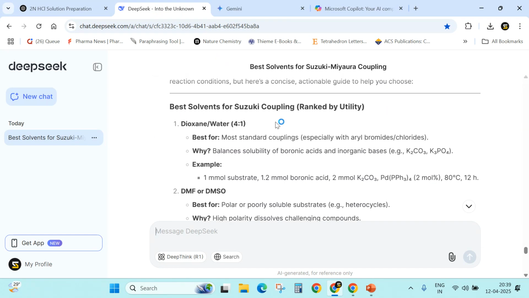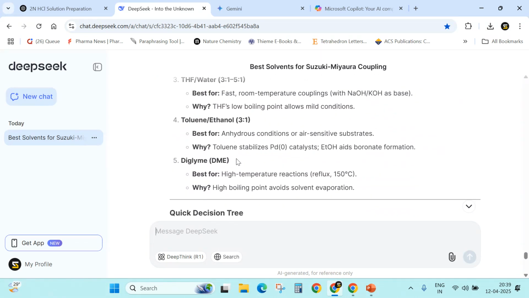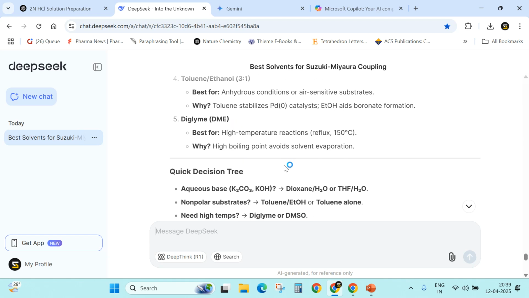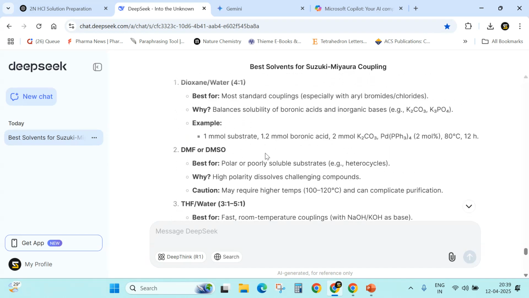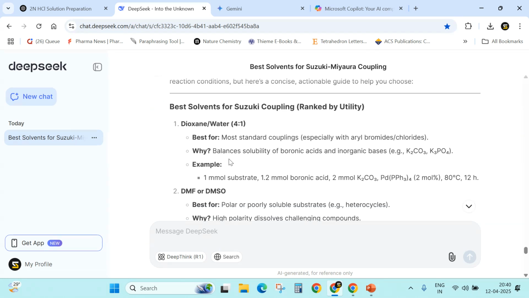In DeepSeek, first they gave dioxane-water, ranked by utility, then DMA or DMSO, then THF-water, toluene, and DME. They also mention why to select dioxane-water: because most standard coupling reactions work in this solvent system.